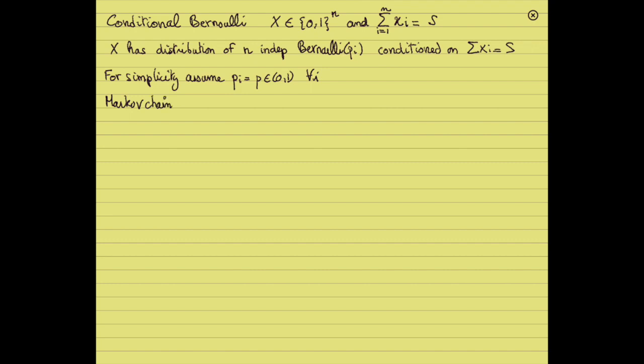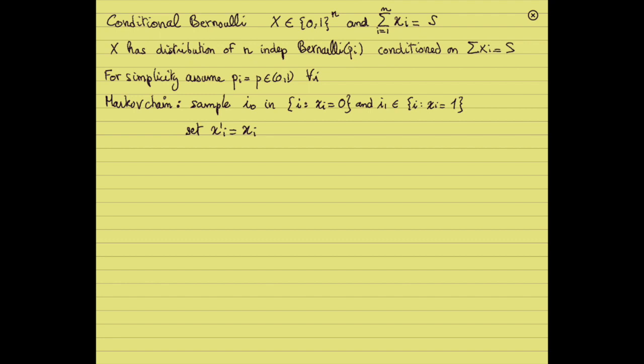And the Markov chain under consideration operates as follows. You have a current vector x of size n, and you sample an index I0 uniformly in the set of indices i such that xi is equal to 0. And we sample I1 in the set of indices such that xi is equal to 1.